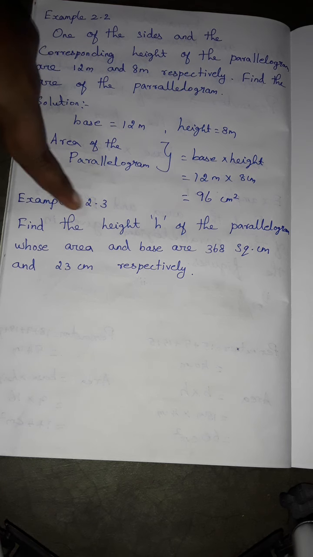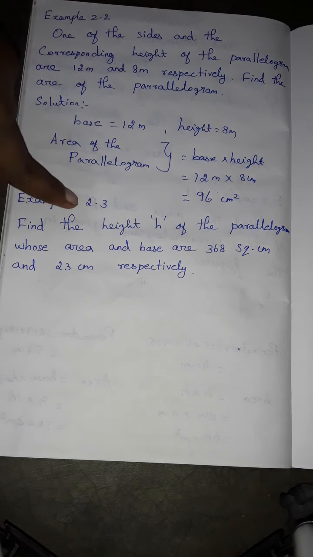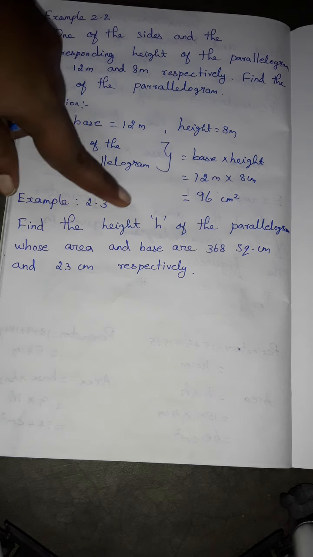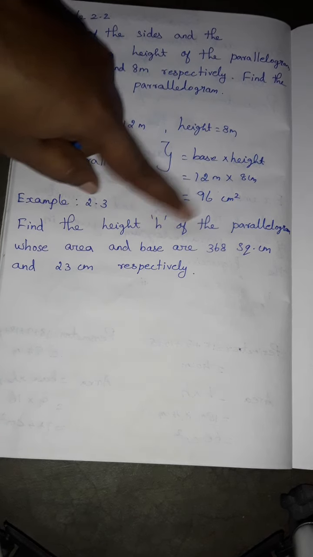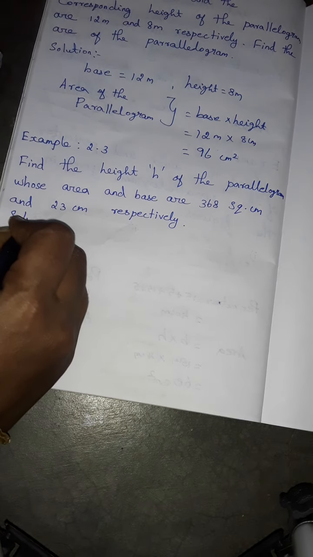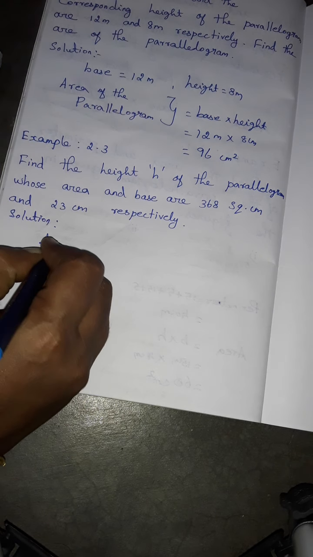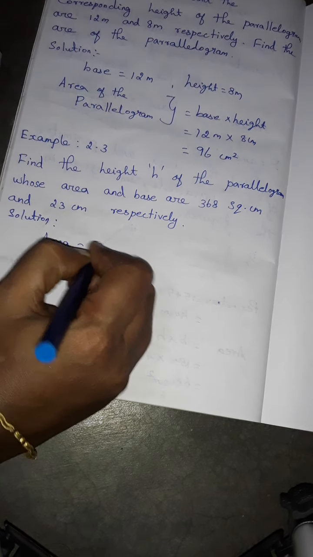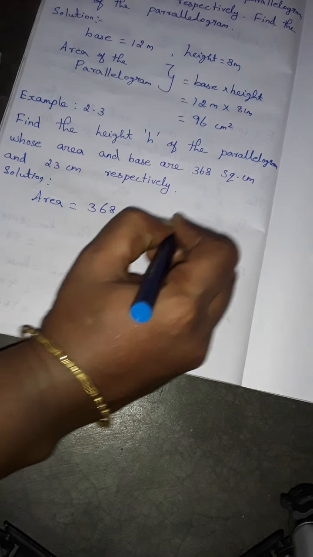Find the height h of the parallelogram whose area and base are given. What is given? They have given the area and base. So area is equal to 368 square centimeter.